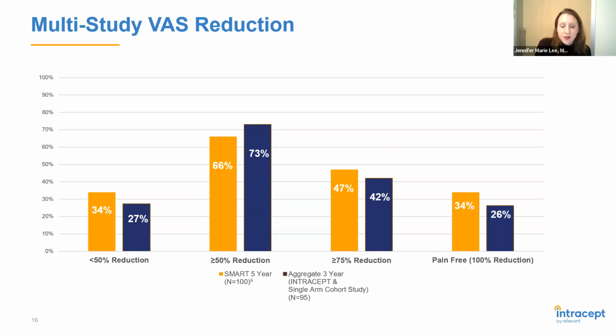And this is another way of looking at this data altogether. We are comparing on the yellow bars, which are the RCT, which was controlled against sham, to the blue bars, which was the aggregate cohort study, and sort of reorganizing the data in terms of how much improvement in pain the patients had. So it was not a mild reduction in pain.